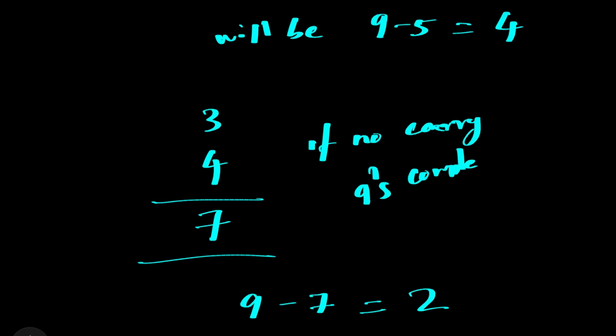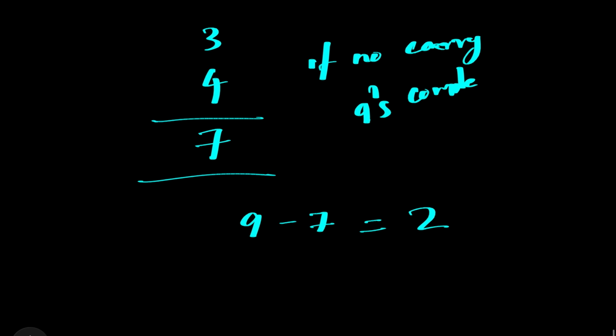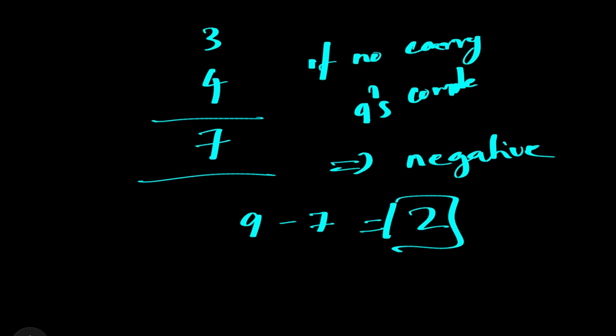Now the 9's complement of the result, right? And once we got the result, as we know there was no carry, it actually implies it's negative. So the digital circuit will store the result as negative. So we got the result as minus 2.